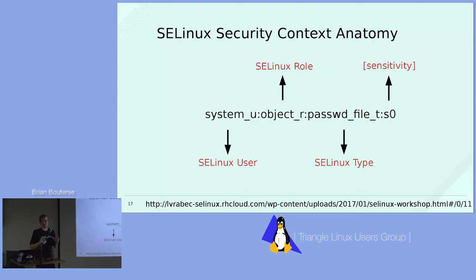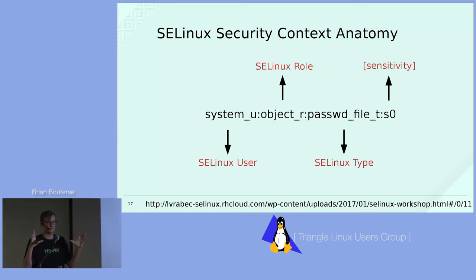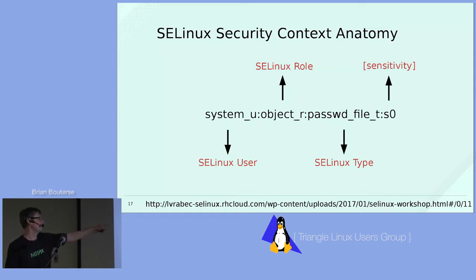The whole idea there is to prevent data from flowing from more secure aspects to less secure aspects. Even in introductory resources, they talk a lot about this, but you're really not going to do MLS stuff unless, frankly, if you're doing MLS stuff, you didn't come to my talk. So the last part there is the sensitivity, and that's used in MLS environments to describe which ring you're basically at.